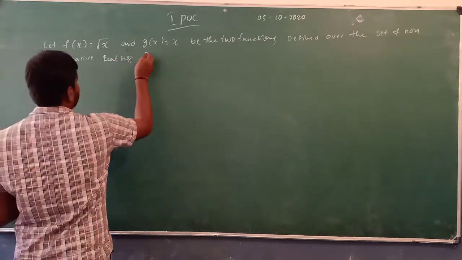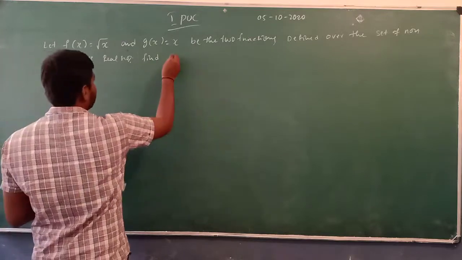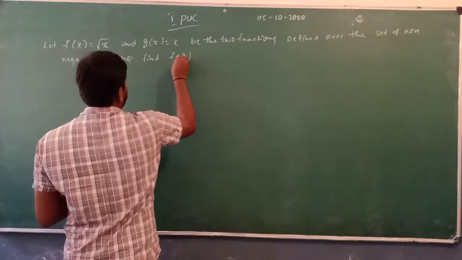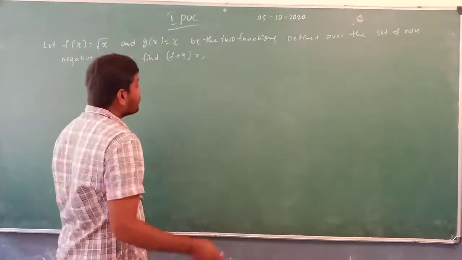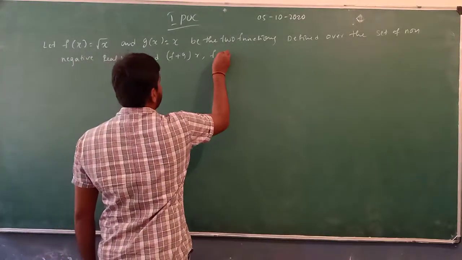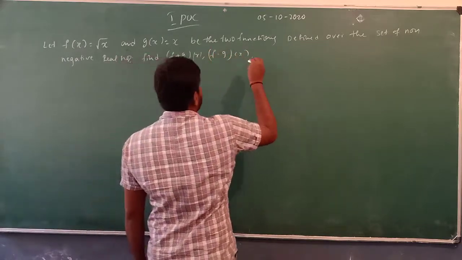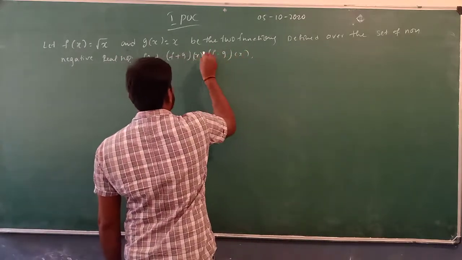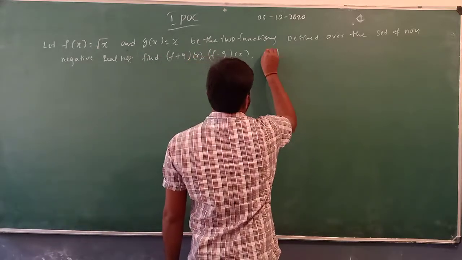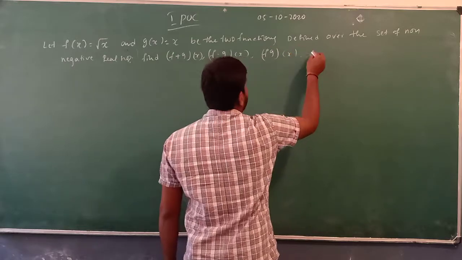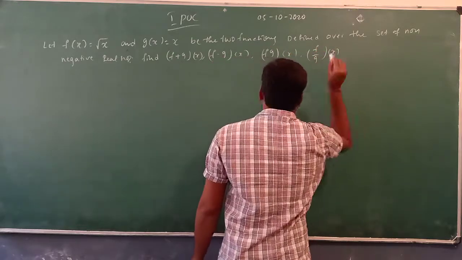Find the same thing: f plus g of x, f minus g of x, f g of x, and f by g of x. So that's going to be the question.